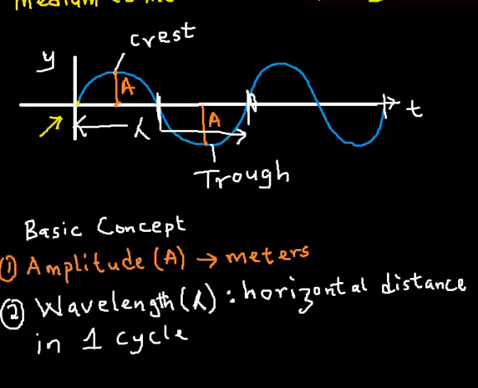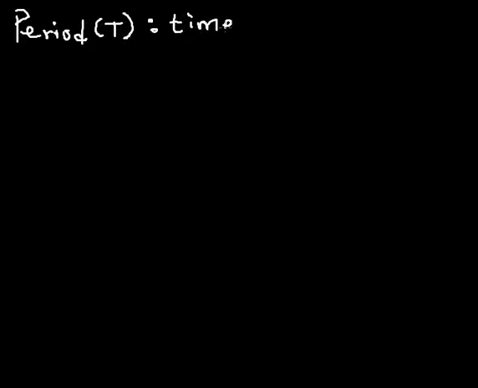Okay, so let's proceed. The next important term you need to know is the period of the wave, and the symbol is capital letter T. The period is the time it takes the wave to complete one cycle, or one oscillation, which is still the same thing.